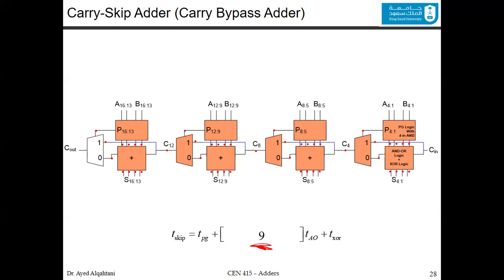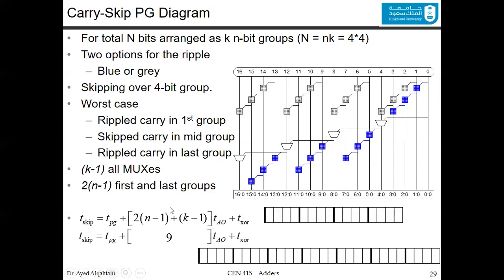How did we generate this? We will get this 9 by applying what we just mentioned. The worst case is rippling in the first group, skipping the carry in the middle groups, and rippling in the last group.